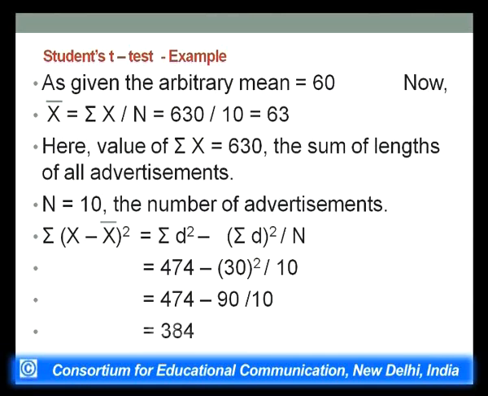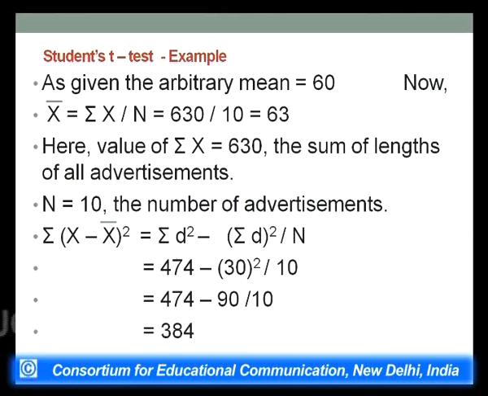N is the degrees of freedom. Here the total number n is 10, but when it comes to degrees of freedom it will be reduced. Here the value of sigma x is 630, the sum of the lengths of the advertisements; if you total them up it comes to 630.